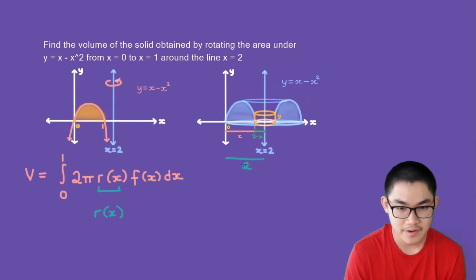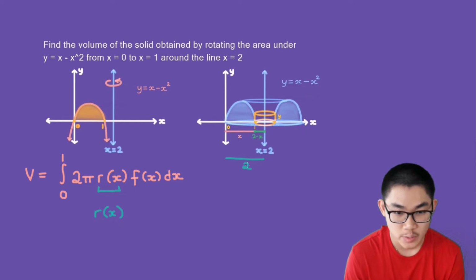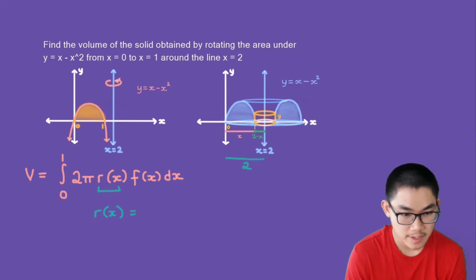The distance from here to here is 2. The distance from the center until it touches our cylinder is x. So the radius is the distance in between. And we can find that distance by taking 2 minus x. So the radius will be equal to 2 minus x.